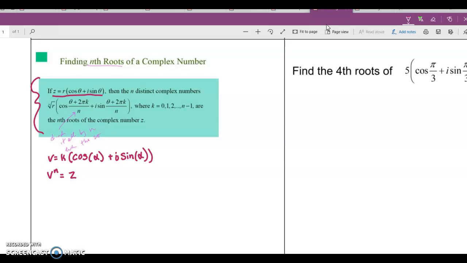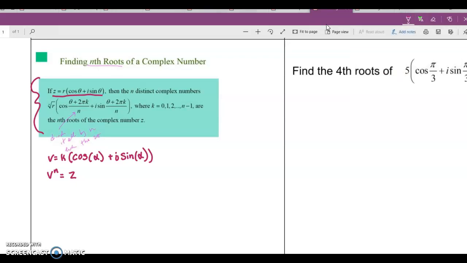So we have a complex number v, and v is equal to k, which is your radius in this case, times the cosine of alpha, that's your angle alpha. I used to call that fish when I was in college. We'd say cosine of fish. My professors didn't really like that, but oh well, if you want to call it fish, that's fine. Cosine of alpha plus i times the sine of alpha.